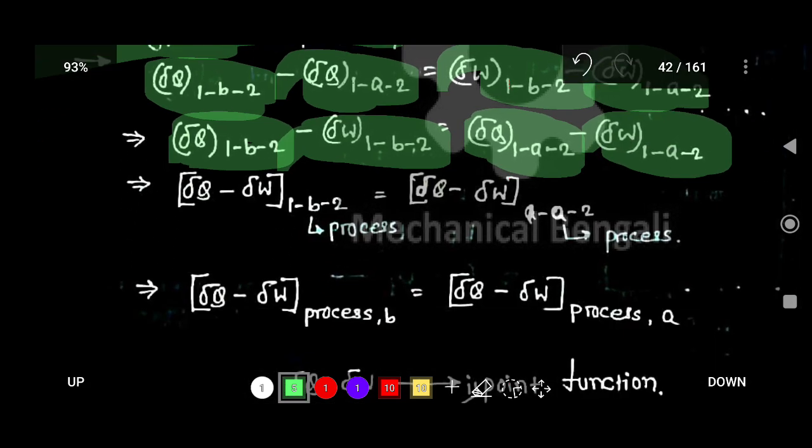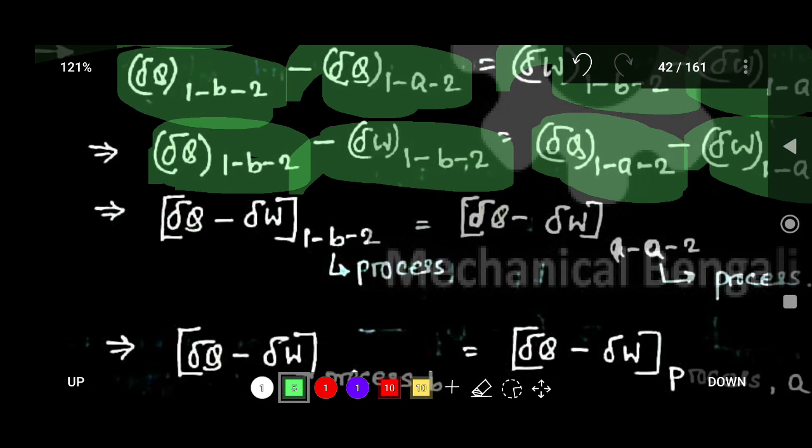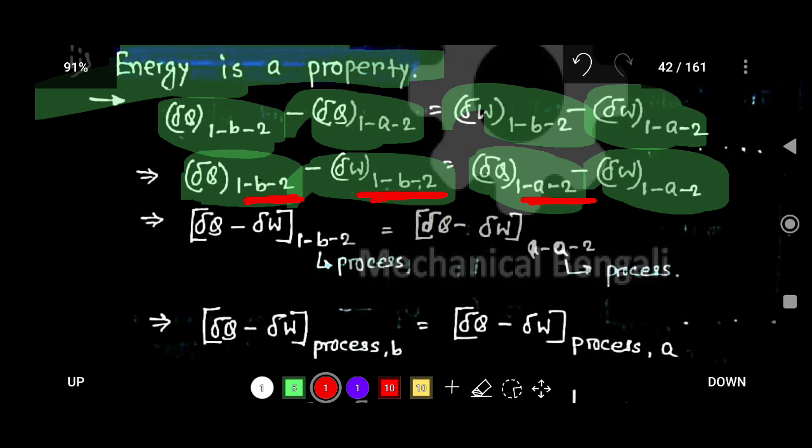This is process b, and this is also process b, and this is for process a, and this is for process a.